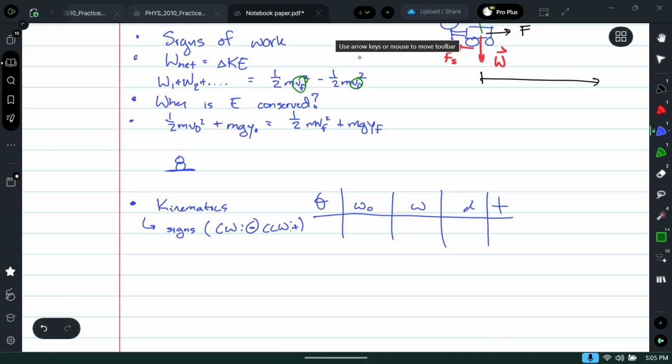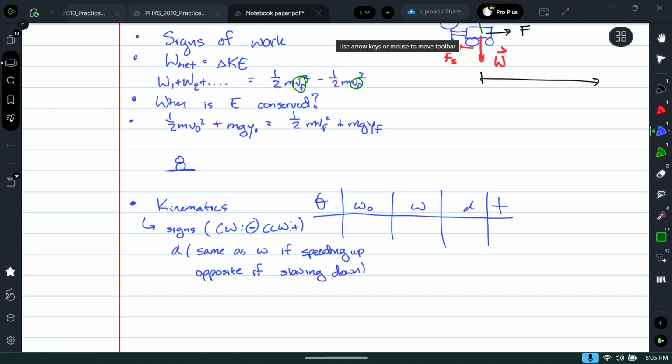Similar for accelerations. So it's that thing we said about same or opposite sign. So similar thing here.